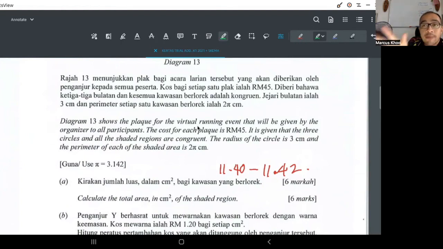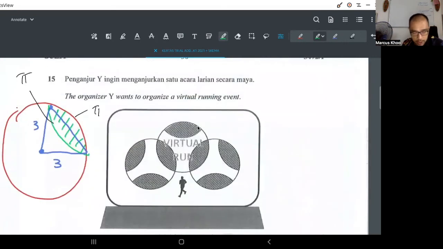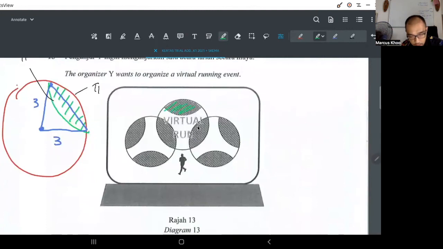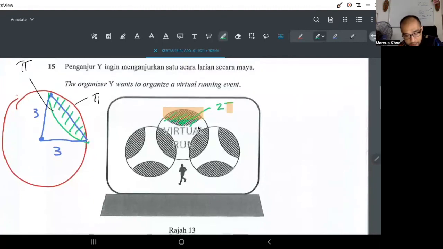Congruent means they are the same size, the same area, everything. Now, the radius of the circle is 3 cm and the perimeter of each of the shaded areas is 2 pi cm.